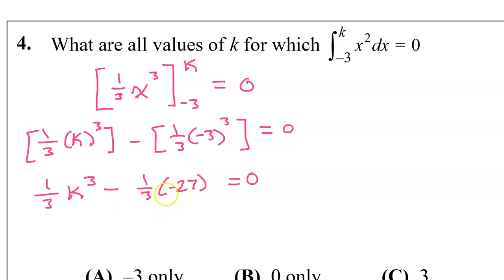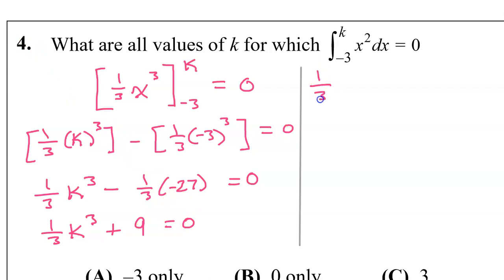Well, a negative times a negative is a positive. k to the third power. So I'm going to have plus something. And 1/3 of 27 is 9. So we have this equation. Now we have a tiny bit of algebra. 1/3 k to the third power, subtracting 9 from both sides, this will equal negative 9.